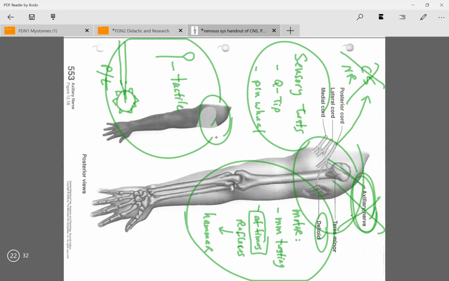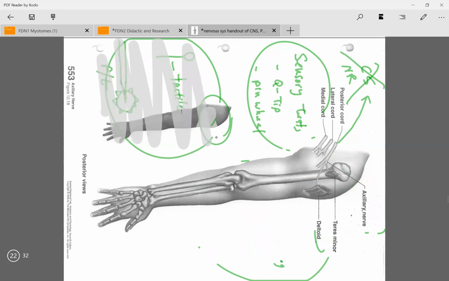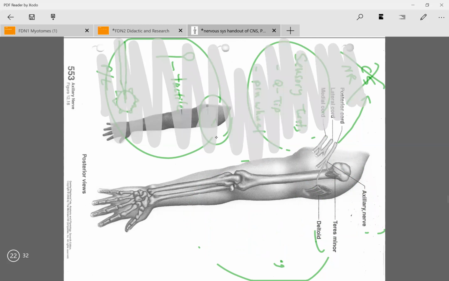Is it the brainstem, the thalamus, or the brain? We have a lot of figuring out to do. It can get quite fancy and detailed, but for our purposes we're going to stick with a few basic things: Q-tip, pinwheel, muscle testing, and reflexes.